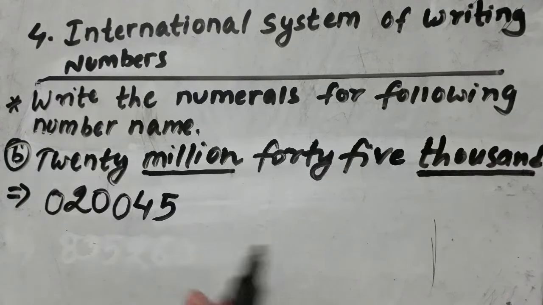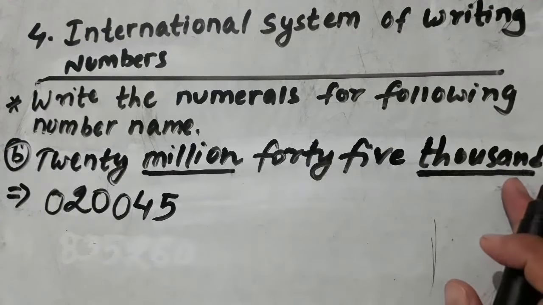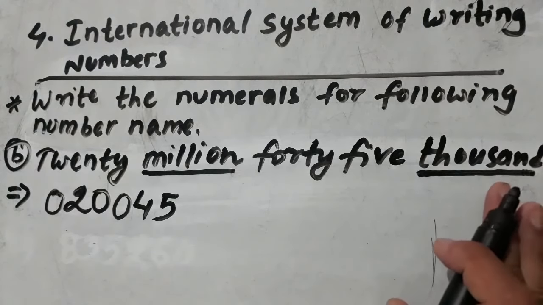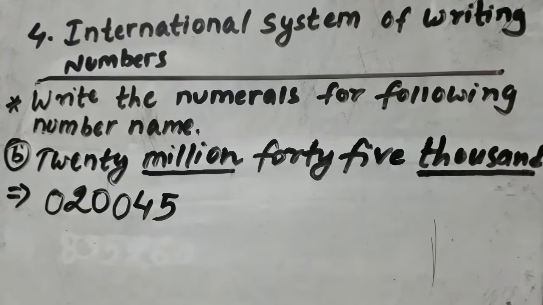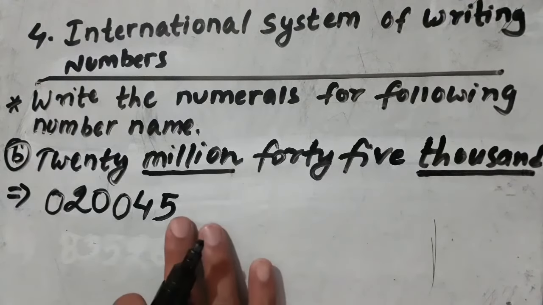Now students, we have to observe the period of ones. Here we cannot see any term, any sentence after 1000. If we look after 1000, nothing is written. It means there is no place of ones, students. If there is no place of ones, we cannot just leave it like that.